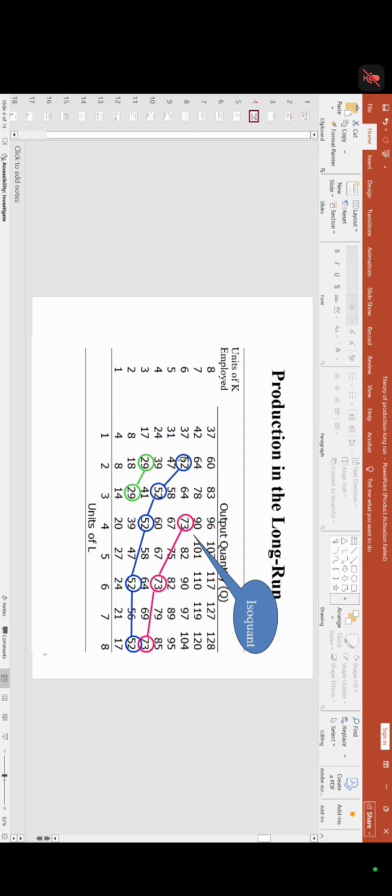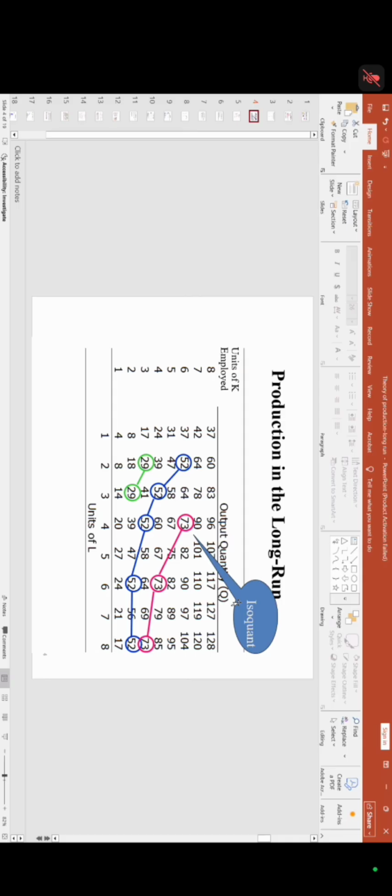Okay. Yes. So as I explained for 73 output, if you are taking 52 also, if you are asked to explain what an isoquant is, what you have to do is mention that it is various kinds of combinations of input that we are using to produce the given level of output.